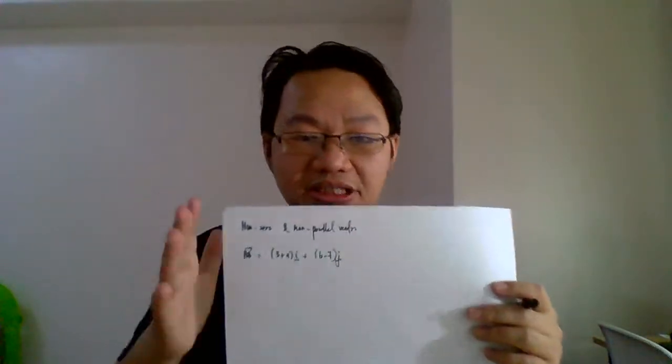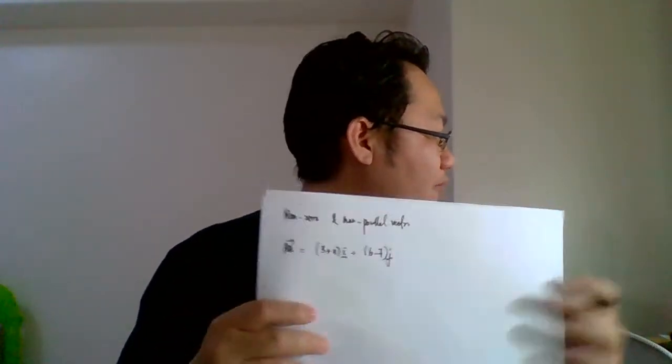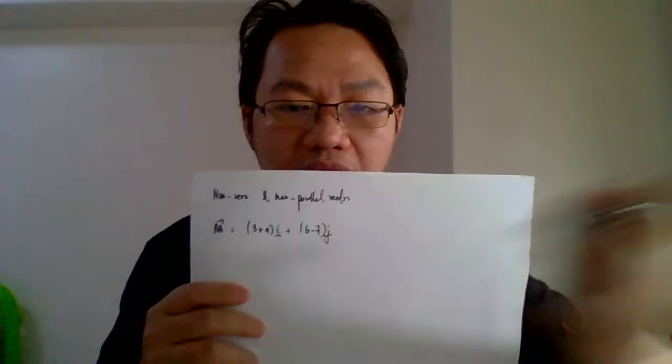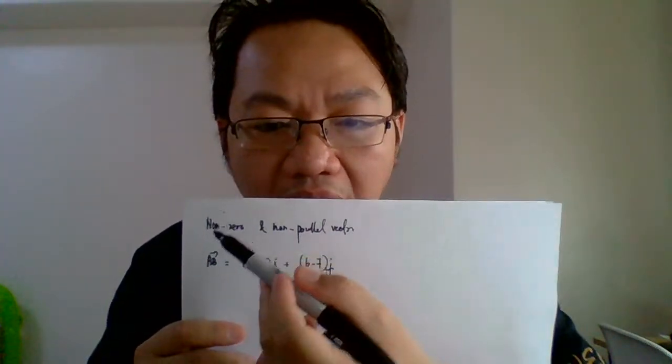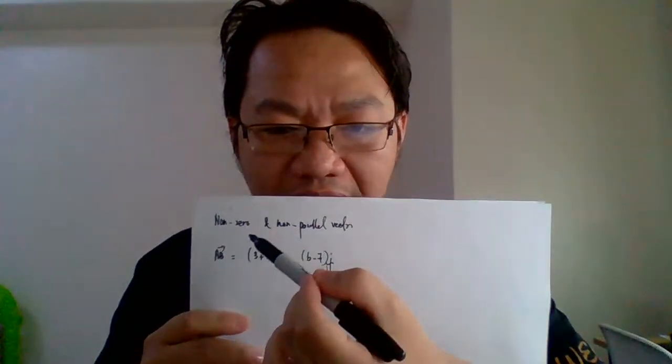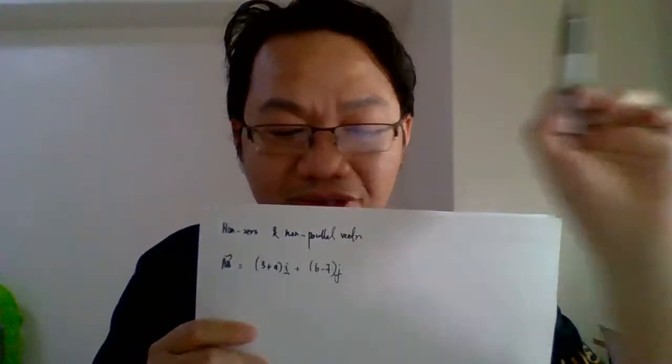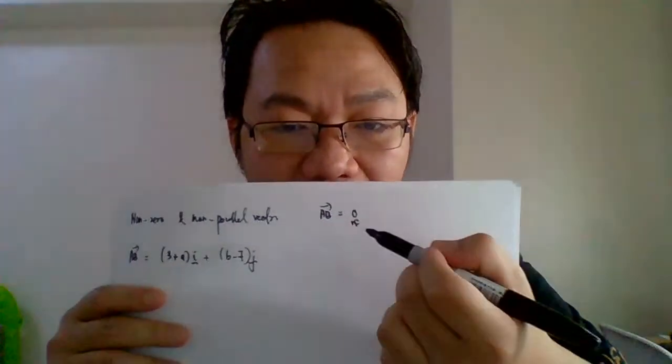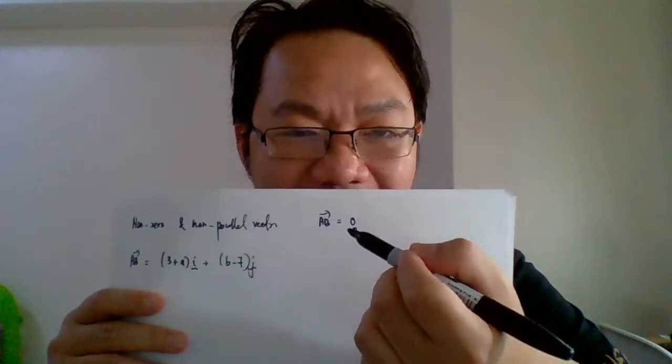Okay, this is my vector. Additional information for this one. Before we solve the problem in number 12, additional notes for you guys. What is non-zero and non-parallel vector? Non-zero vector means the vector is not equal to 0. For example, if I have AB equal to 0, this is the zero vector.